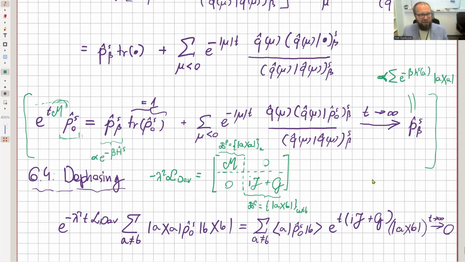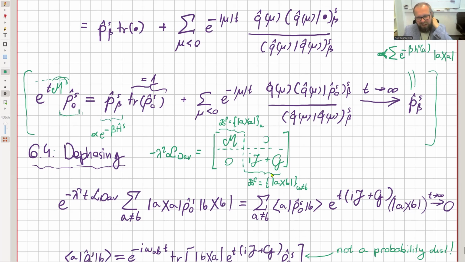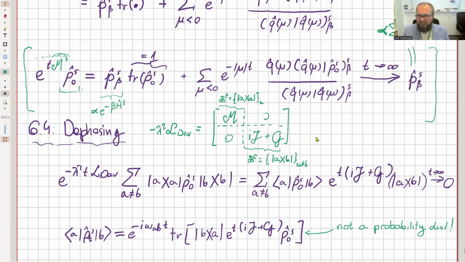But this is not the complete end of the story, because, like I said, we kind of solved the problem inside this block. But to get full thermalization, you also have to take care of the other subspace, spanned by coherences. In particular, you want to take any initial state that has some pieces on diagonal and some pieces on off diagonal.